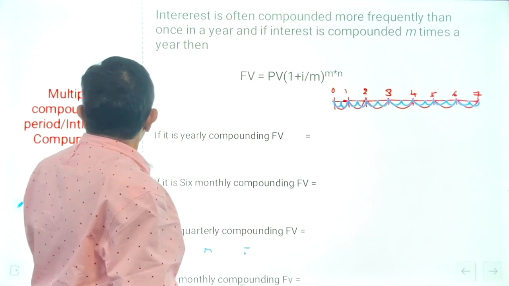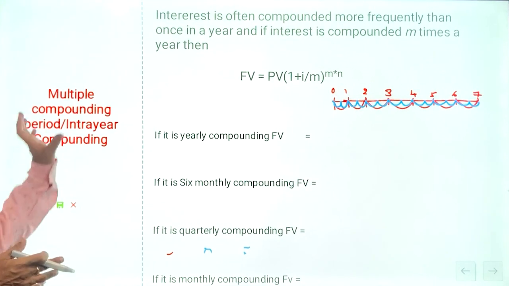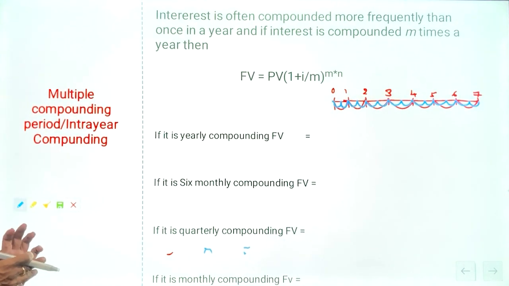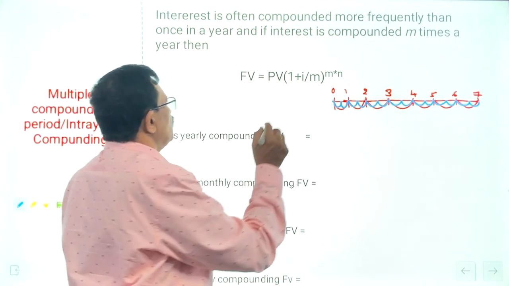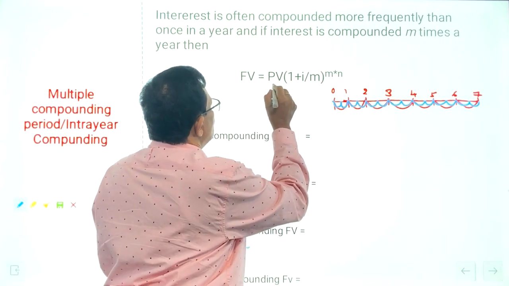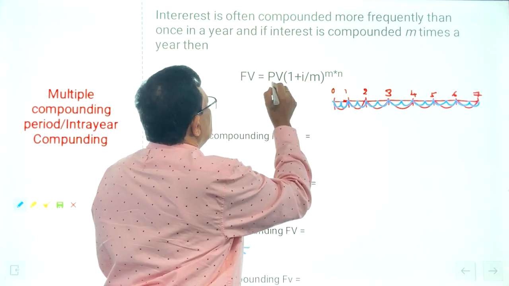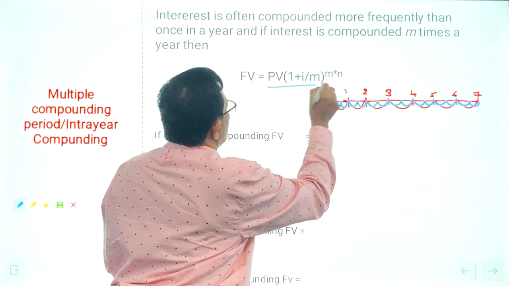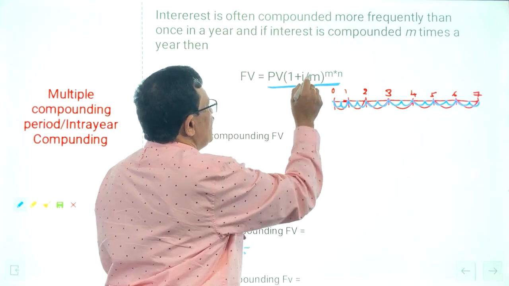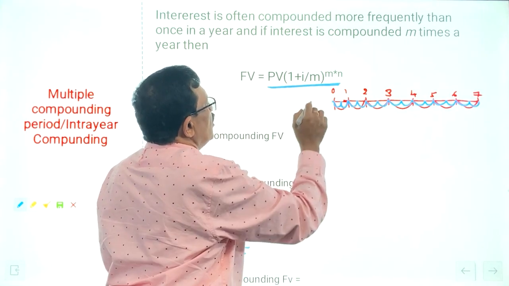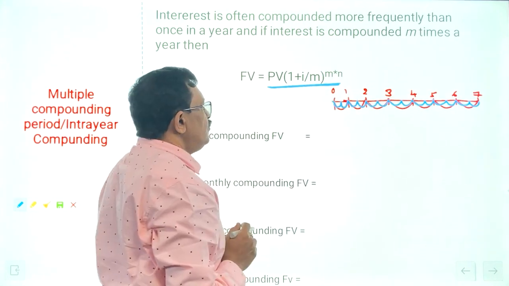So when a multiple compounding period or intra-year compounding problem is given, wherein you wanted to find out the future value, you are going to use this particular formula, which says that you are going to multiply the present value with (1 + i/m) to the power of m into n.